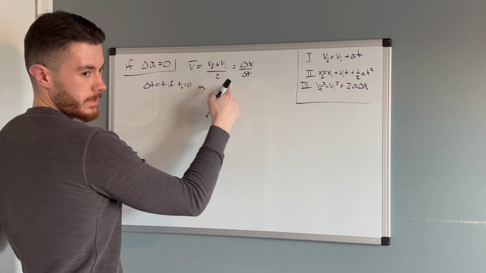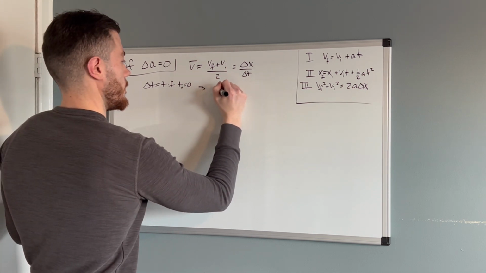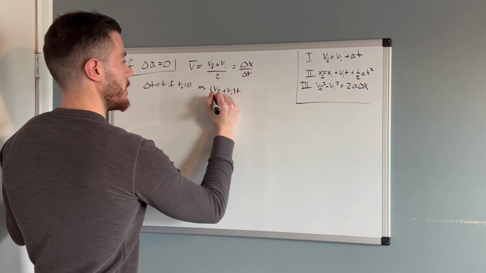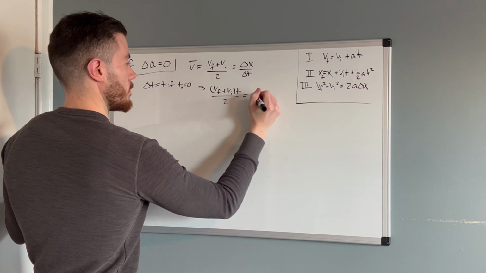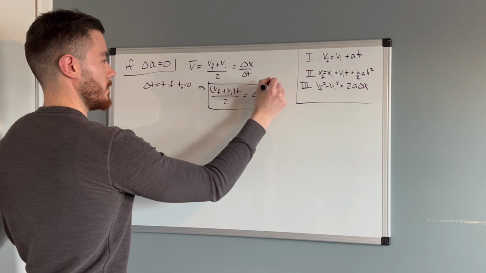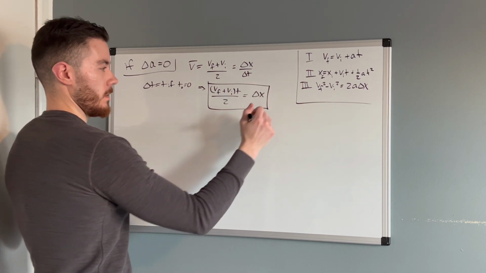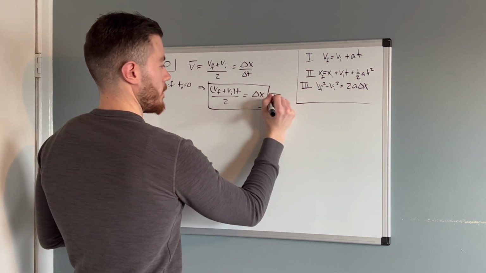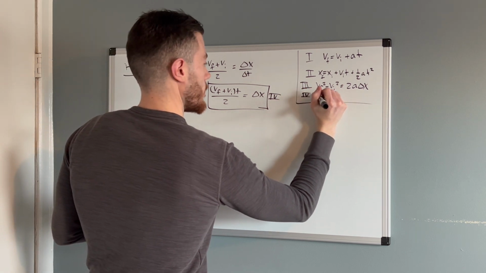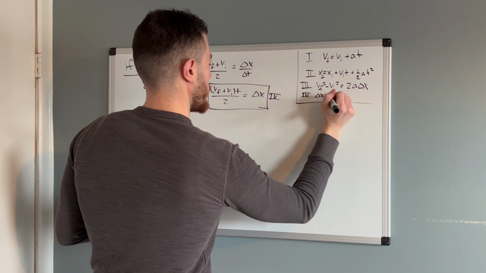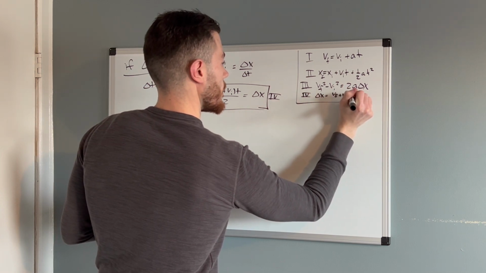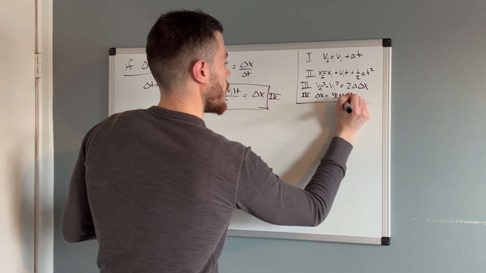Let's multiply both sides by t. Vf plus Vi quantity times t over 2 equals delta x. This is a true thing. And let's call it number 4. Delta x equals Vf plus Vi times t over 2.